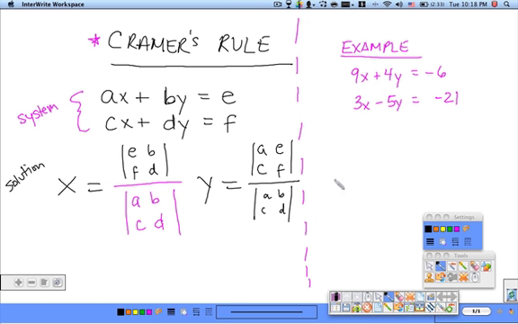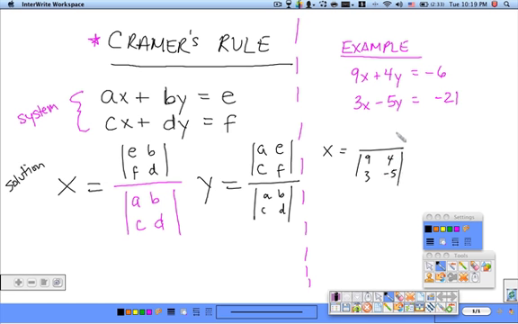So let's do an example. Take this system over here. It's already set up: ax plus by equals e, cx plus dy equals f. Let's find the x answer. I know the bottom is the determinant of the coefficients, which are 9, 3, 4, and -5.